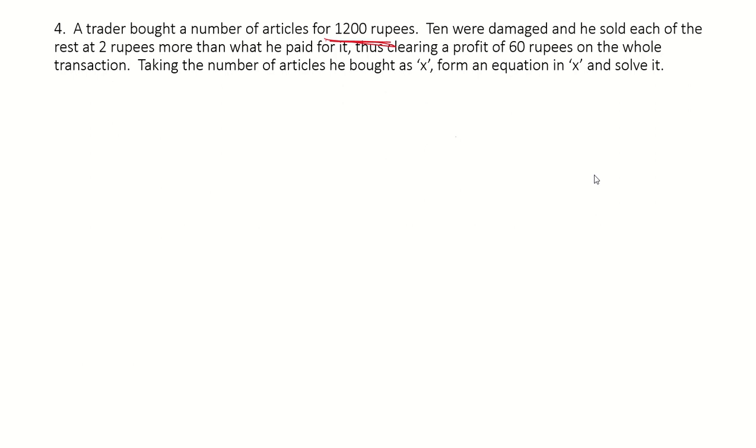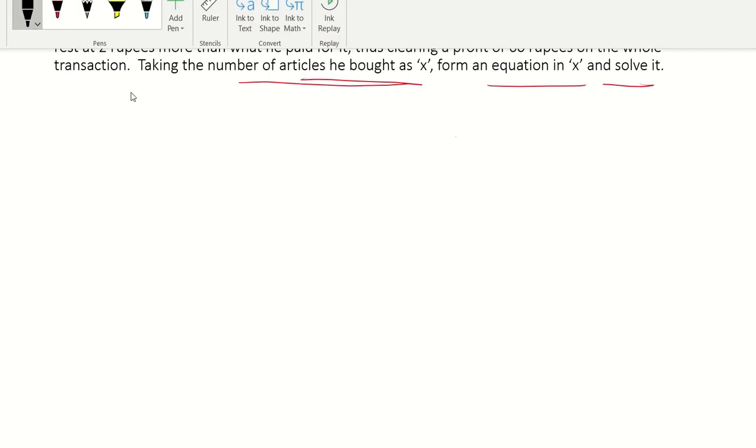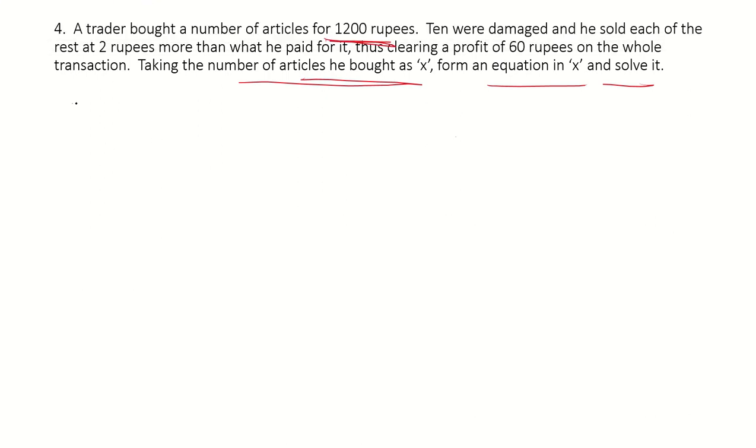So what do you need here? Taking the number of articles he bought as x. They have told you, right? They said take the number of articles he bought as x, then form an equation in x and solve it. They have clearly said what you need to do. So let's see how we will solve this problem.